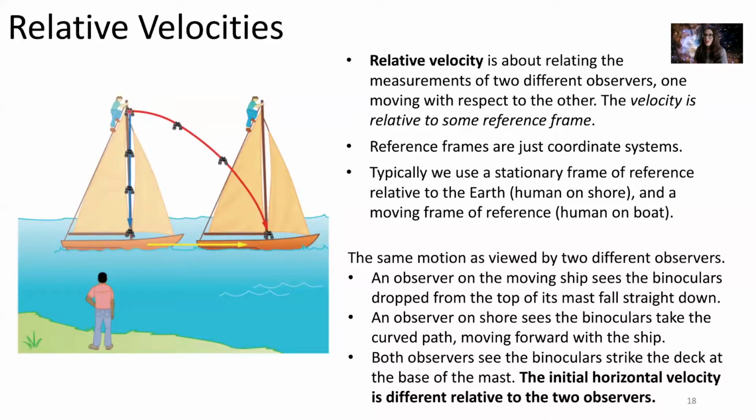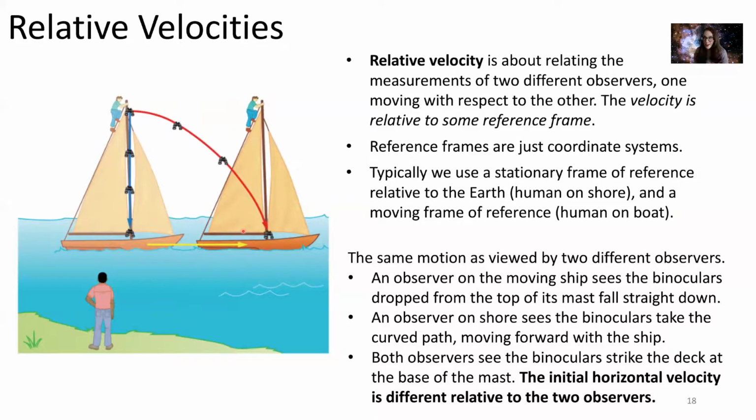Then the horizontal velocity of this binocular is also 5 meters per second forward. And so it's moving forward at the same speed as your boat is moving forward, okay? And so relative to you, you just see that it drops straight down. But someone down here will see that pair of binoculars executing a projectile motion path.